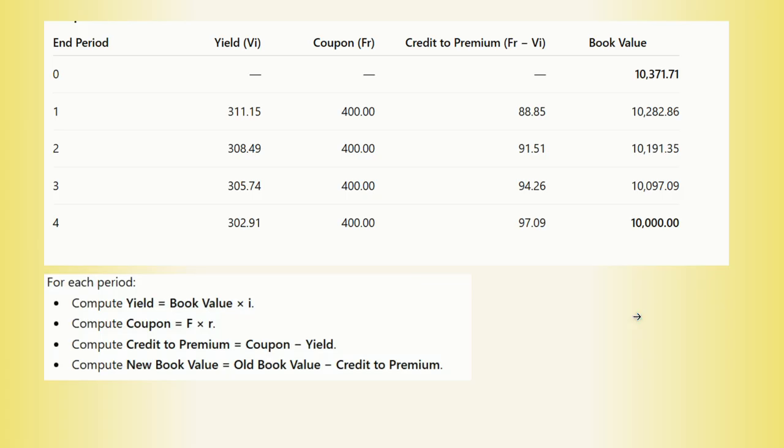Now, to have a better view of the table, this is the end period.